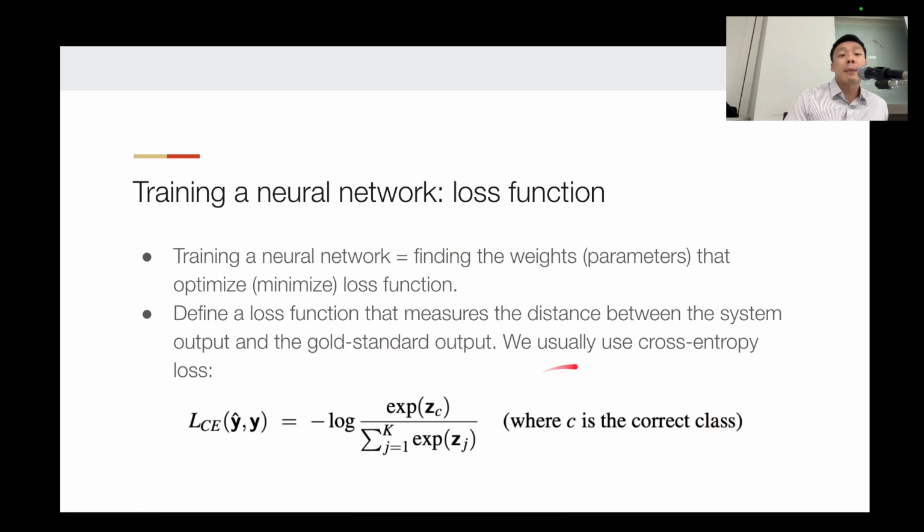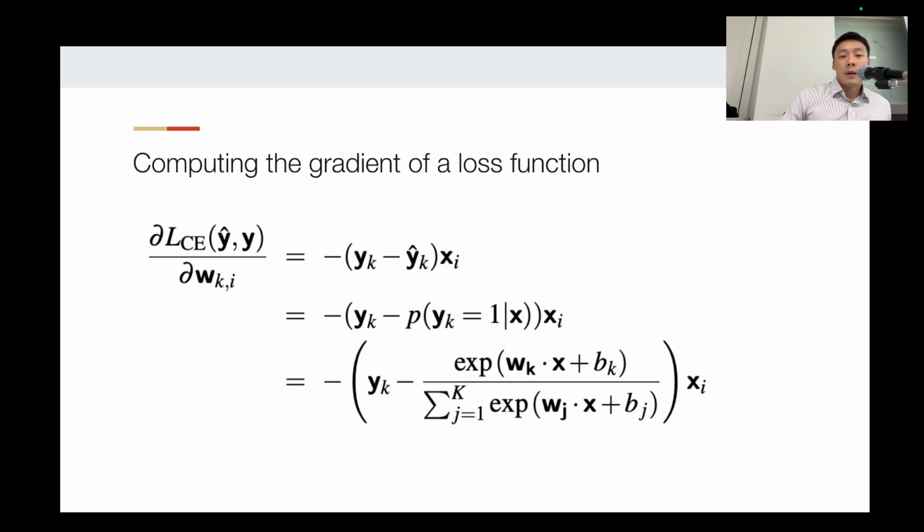So it's the same cross entropy loss that we saw in logistic regression. This is a review. This is not new. All right. So we can keep expanding these terms, where y sub k is the gold standard label.